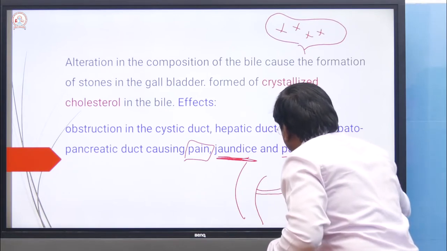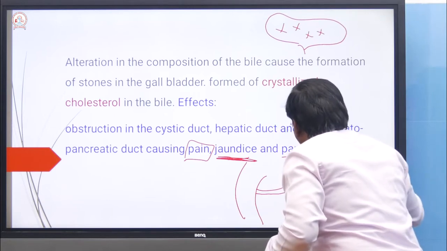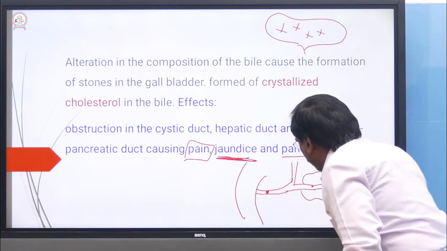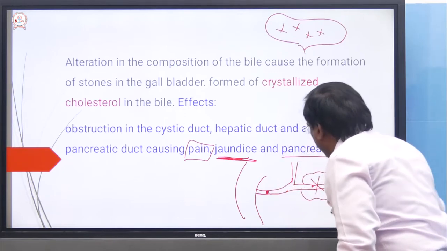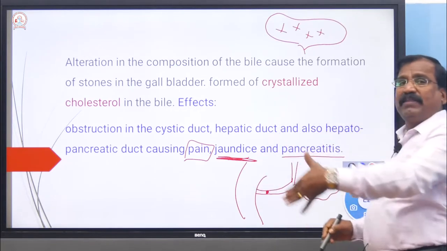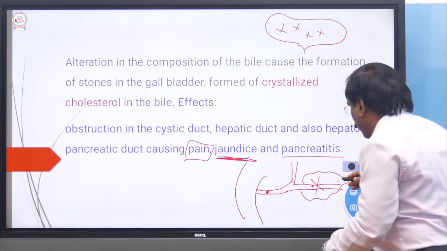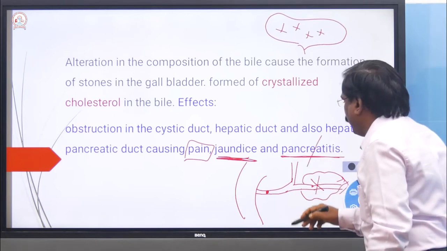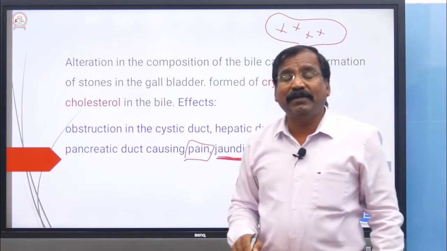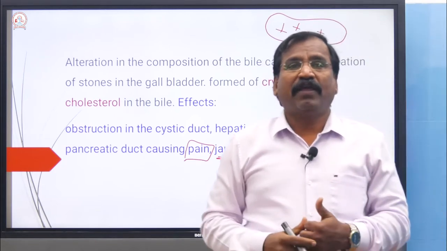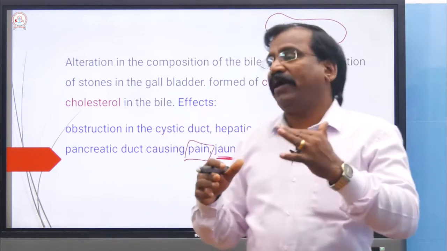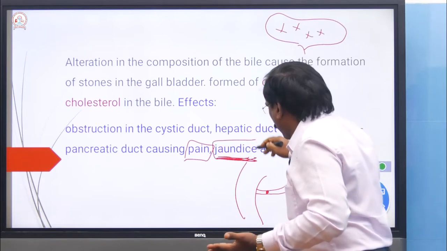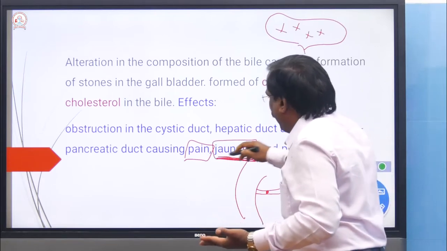This is the pancreas. Suppose it is blocked here, the pancreas is also unable to discharge the pancreatic juice, so the pancreas gets damaged. That is called pancreatitis. Itis means inflammation. So pancreas inflammation is pancreatitis. Jaundice, pancreatitis and pain.